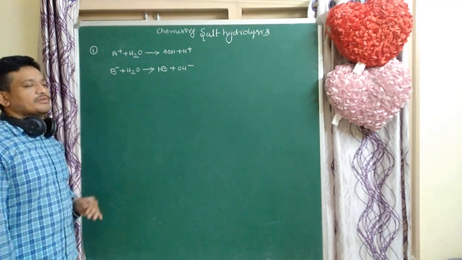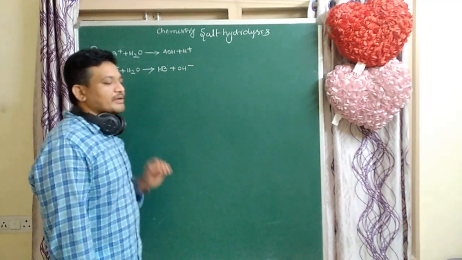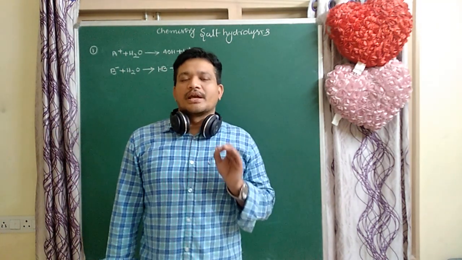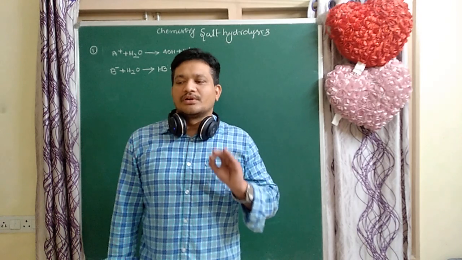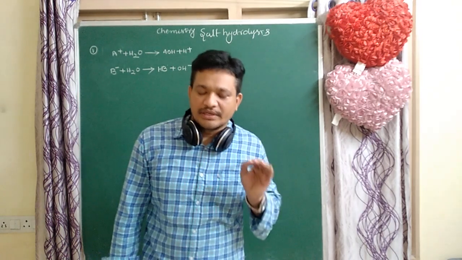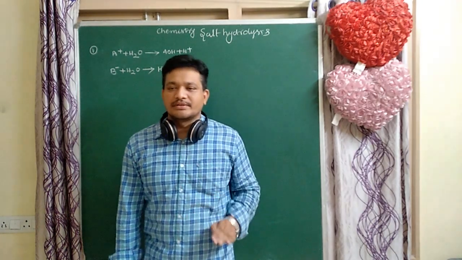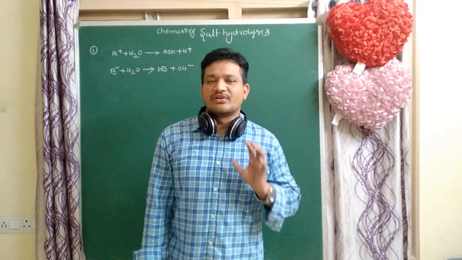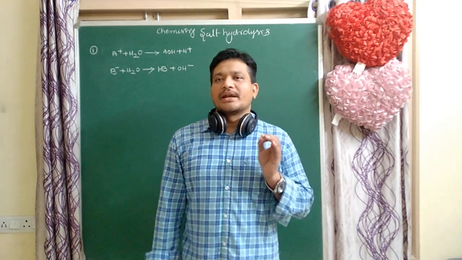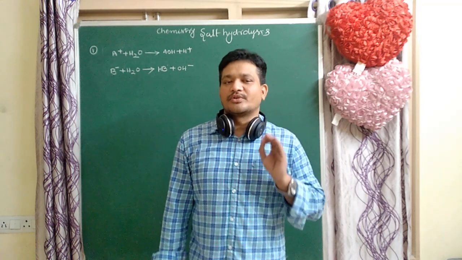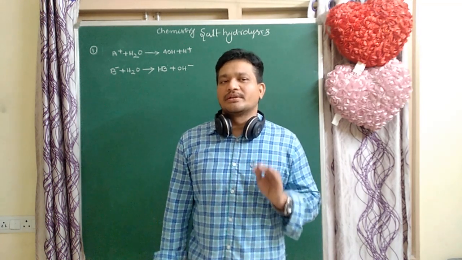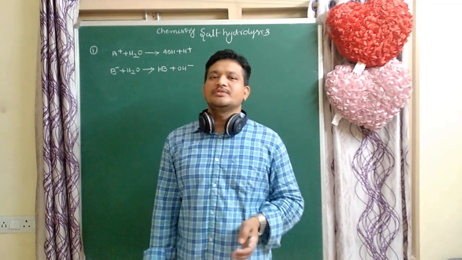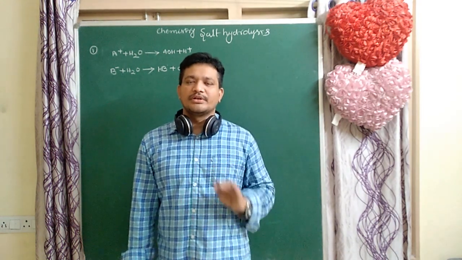Hydrolysis is divided into two types, cationic hydrolysis and anionic hydrolysis. In cationic hydrolysis, H plus is produced. In anionic hydrolysis, OH minus is produced. That is very important.